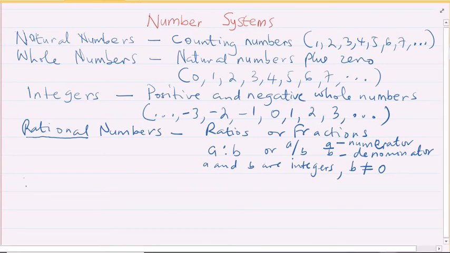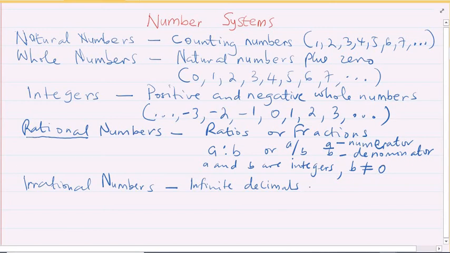Next we have irrational numbers. Irrational numbers are the ones you cannot express as ratios or fractions. I call them infinite decimals. You have their decimals uncountable.